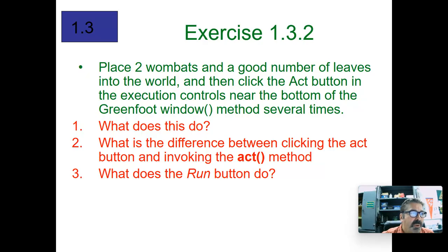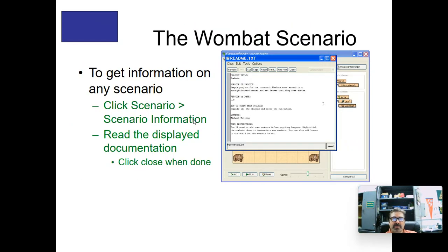What's the difference between clicking the act button and right-clicking and invoking the act method? And then finally, what does the run button do? If I click this button, what does it do? If you can't answer those questions, ask me. Make sure you answer this on your lined paper notes.